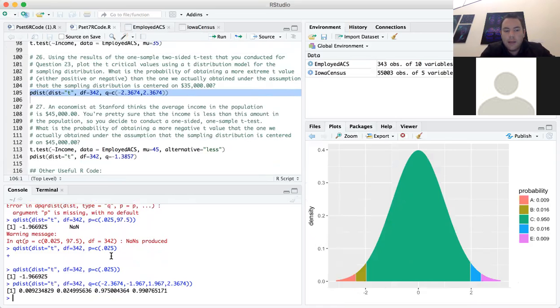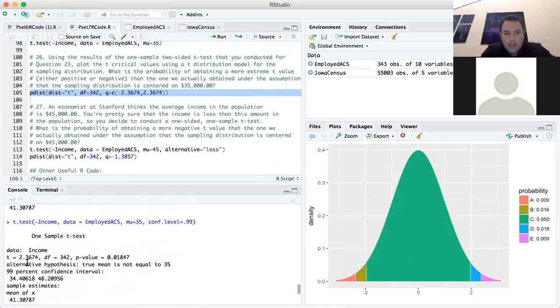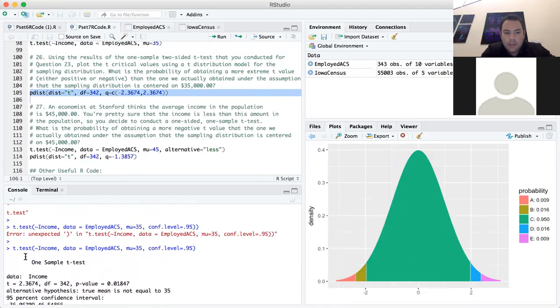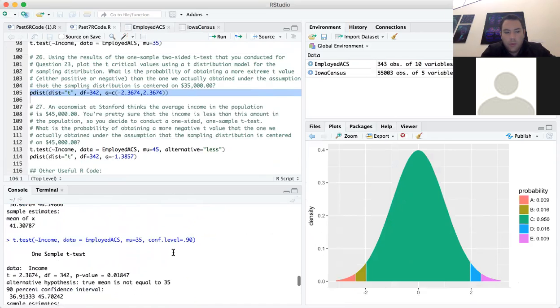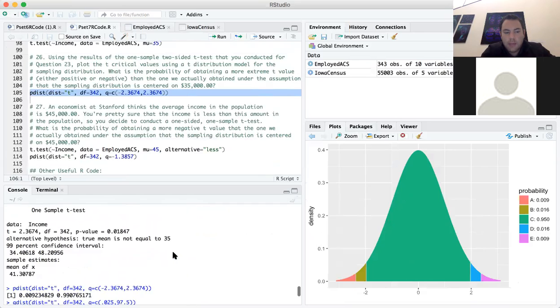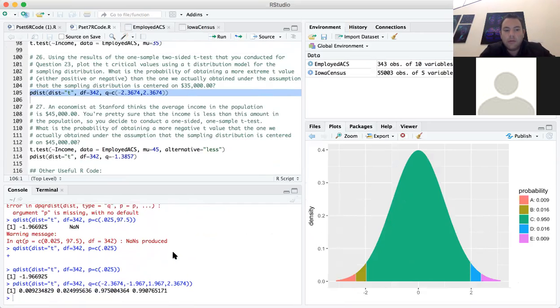And because the t test statistic that we got in this hypothesis test was 2.37, which is more extreme than our t-critical value of 1.967, that means it's a significant result, and we will reject the null hypothesis. That is to say, the p-value of 1.8% is less than the alpha value of 0.05.